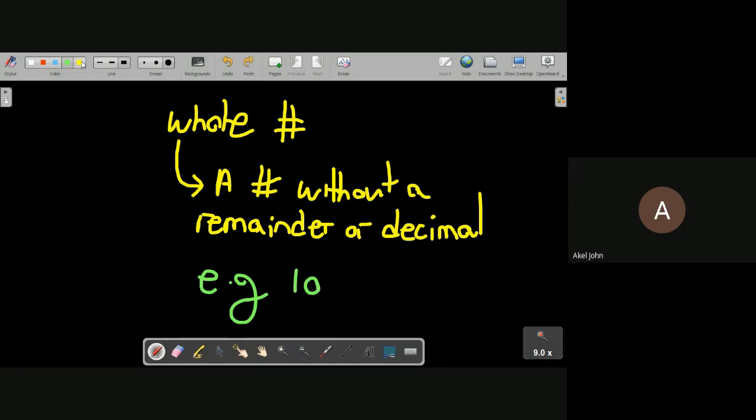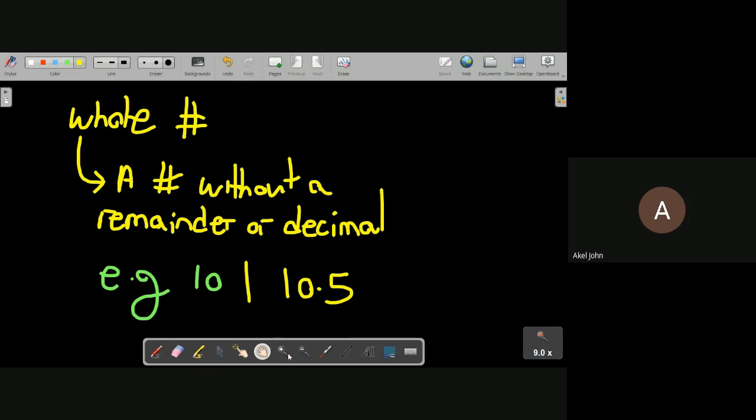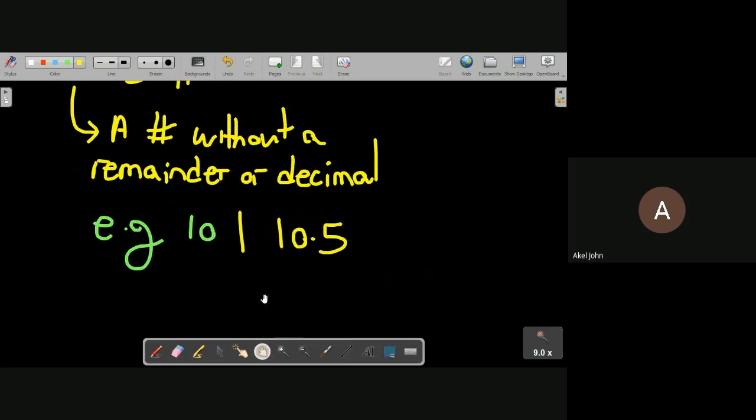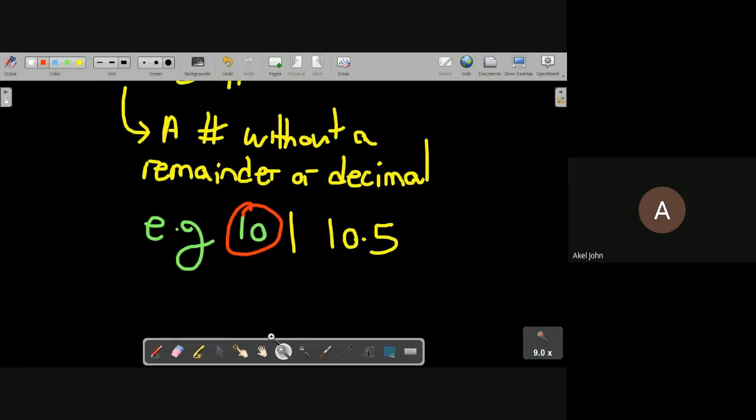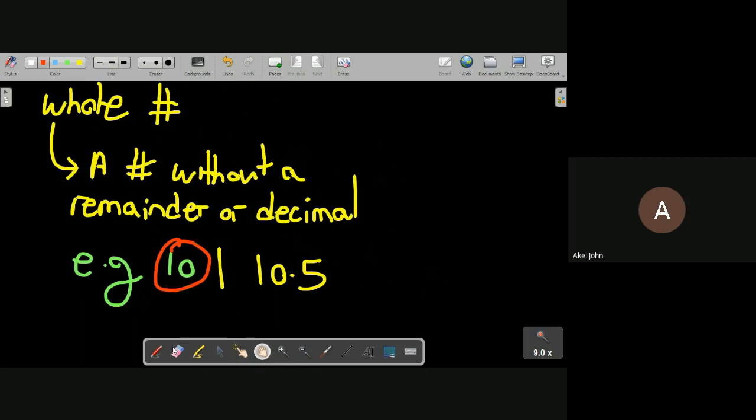let's say we have 10, and we have 10.5. The 10 here is considered to be a whole number, while 10.5, because it has the 0.5, which is a remainder, that is like saying 10 and a half, right?